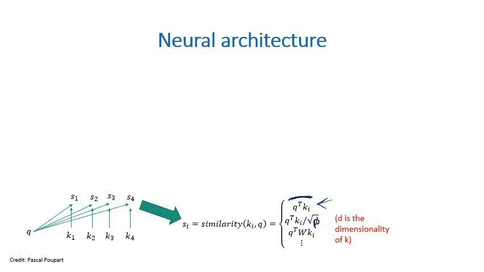Somehow you normalize it, because if you have a long vector, the dot product would be large, and if you have a short vector, the dot product would be small. So you may have a weighted dot product, and you may have many different types of similarity measure.